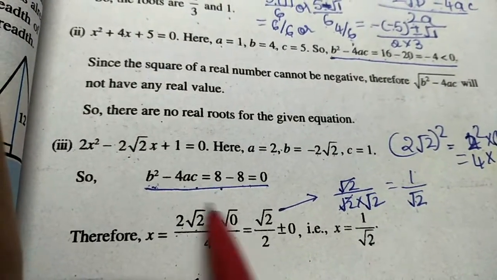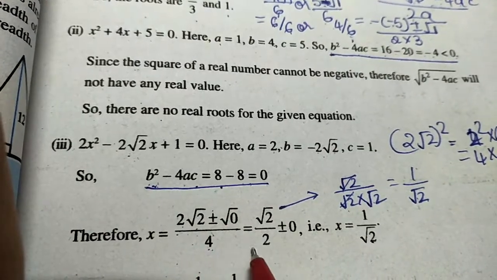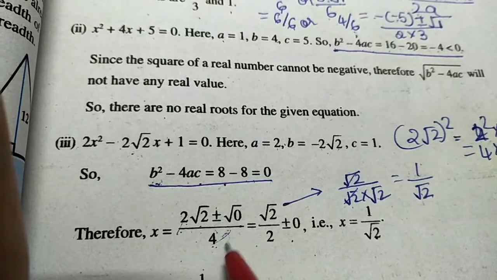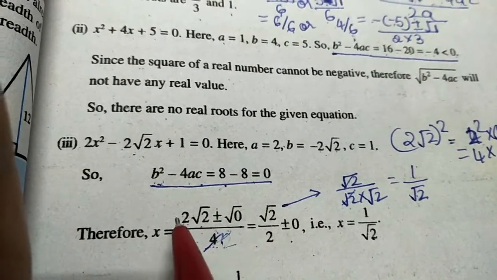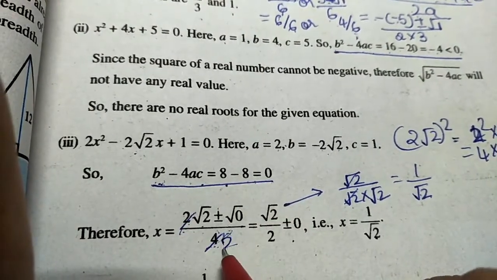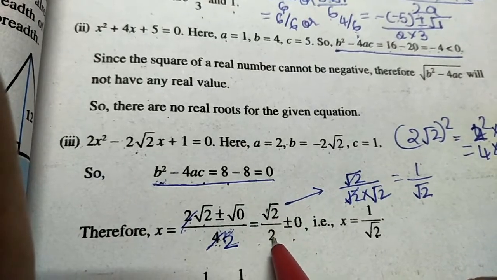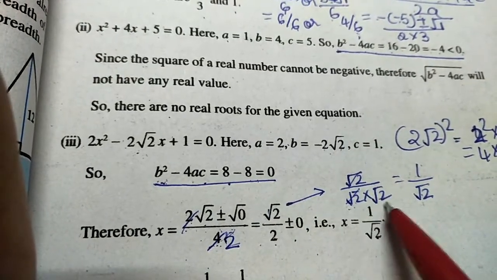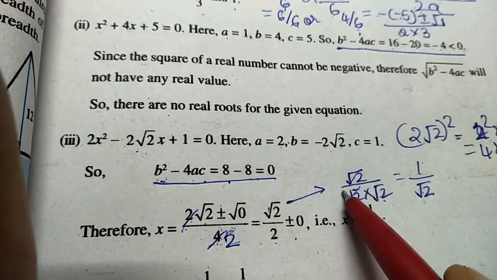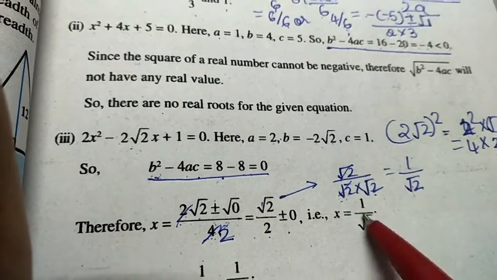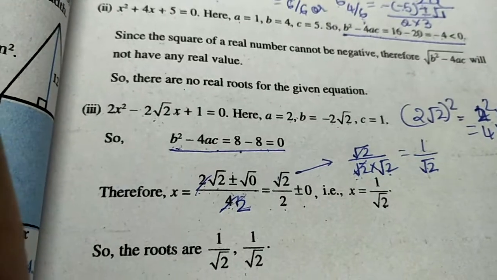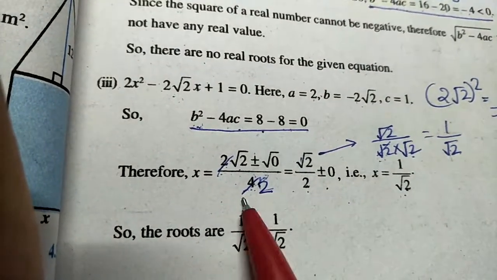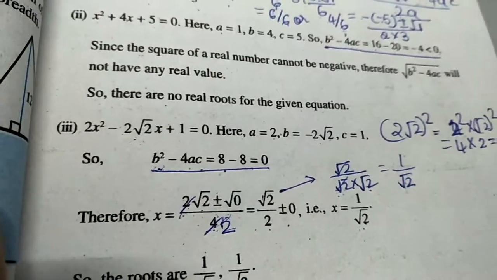Okay, are you understanding how you got this from here to here? Here 2 will get cancelled, so here you will have 2. Here 4 and this will get cancelled, so here you will have 2. So under root 2 upon 2. Now under root 2 upon 2, this 2 you split under root into under root 2. Again this will get cancelled and you will have 1 upon under root 2. Okay, so now here you will have two roots, both the roots will be 1 upon under root 2.